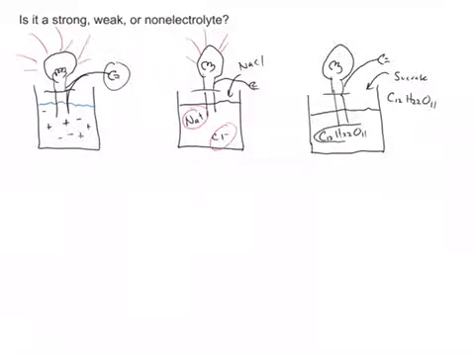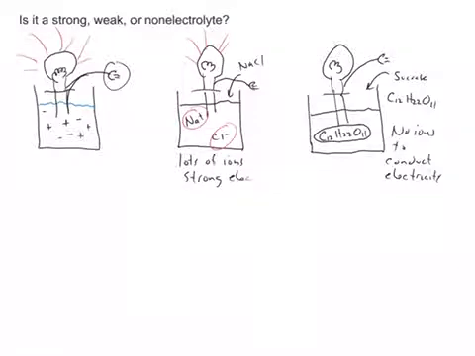Because it stays together as a molecule, there are no ions to conduct electricity. So we say it's a non-electrolyte. Whereas sodium chloride, lots of ions. So this is going to be a strong electrolyte.